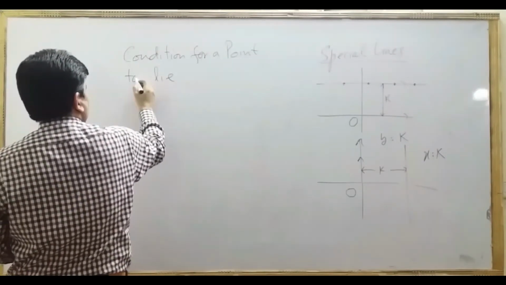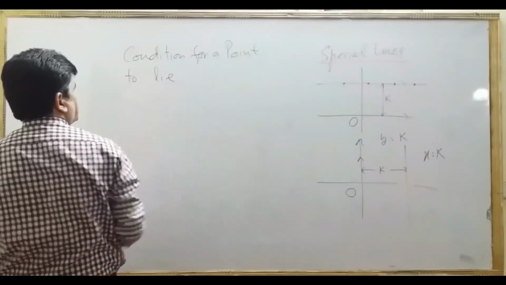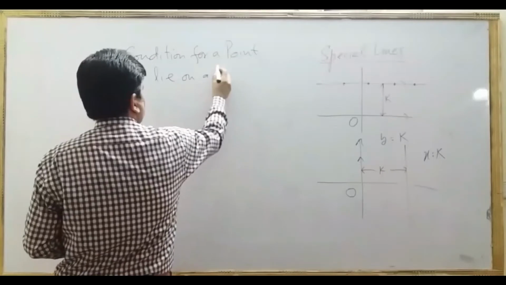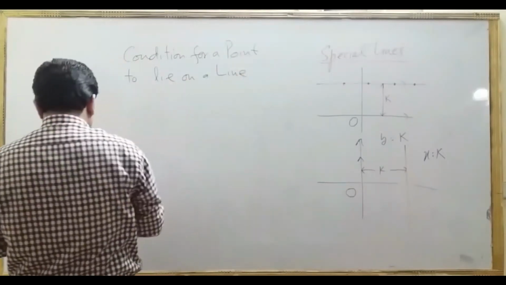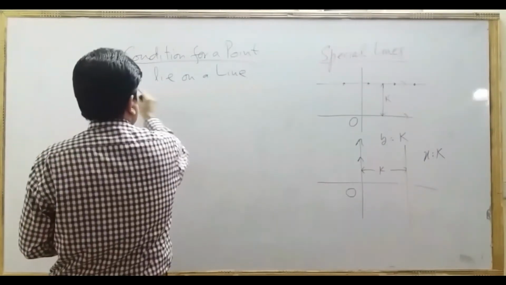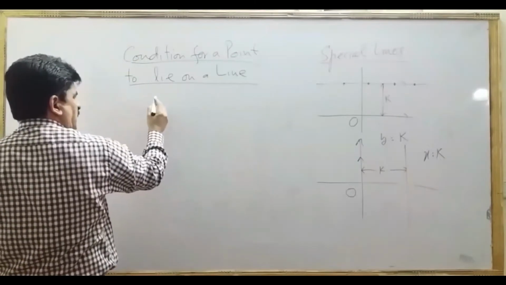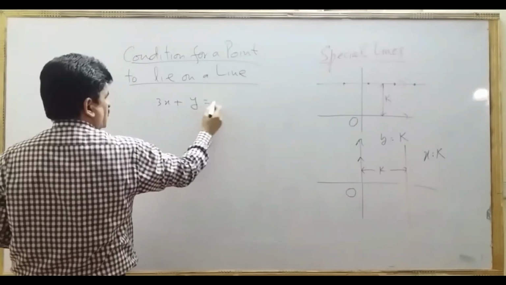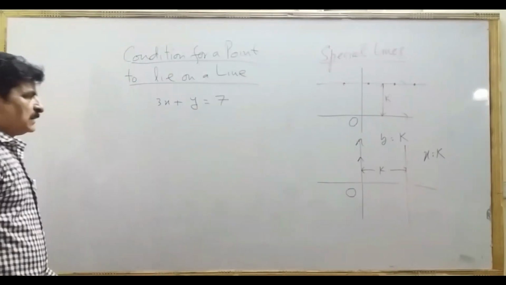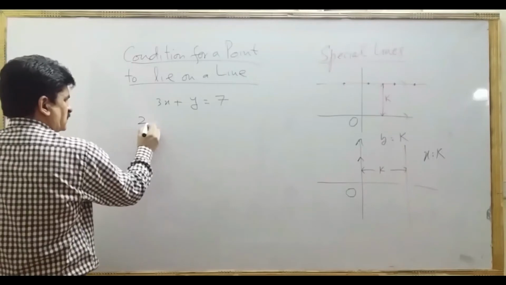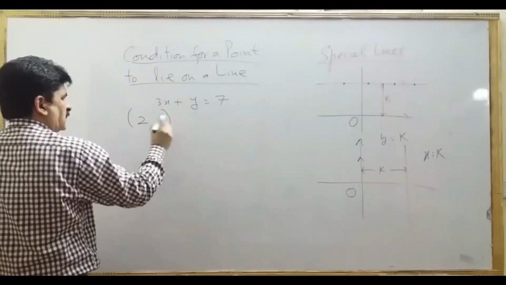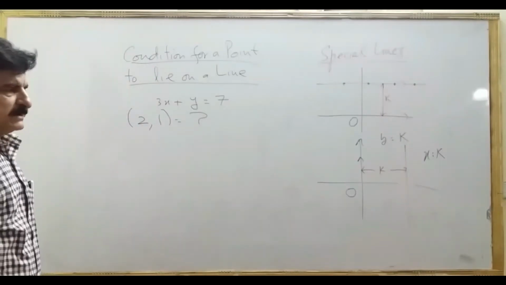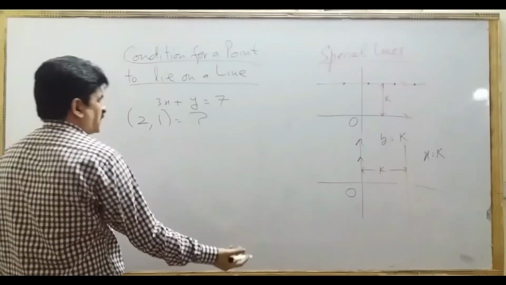Now we have another very important concept, condition for a point to lie on a line. Now if you are given the equation of straight line 3x plus y equal to 7 and you are given a point (2, 1), we want to see whether this point lies on this line or not by using algebra.